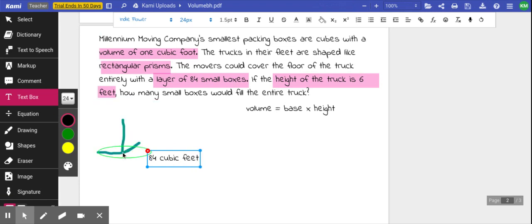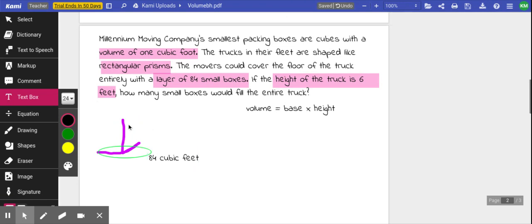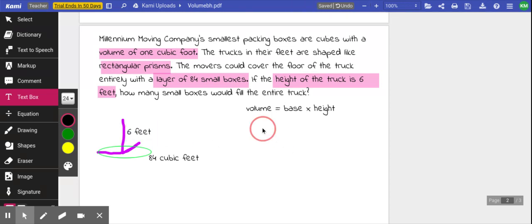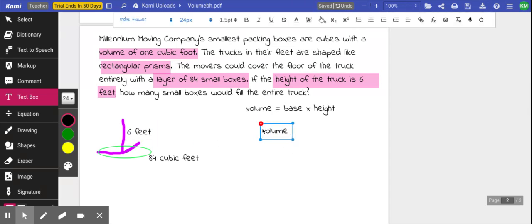Now the height it mentions is 6 feet. So I'm going to go ahead and put in my 6 feet. So now I can calculate the volume. So I'm going to go ahead, volume is equal to base times height. The base is 84 cubic feet times the height, which is 6 feet.